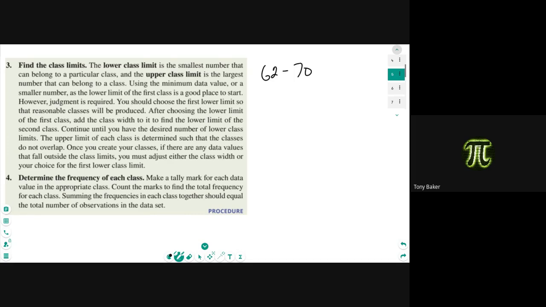So the way I just did this, my class width is 9, not 8. You did exactly what I expected you to do. You did 62 plus 8 and got 70. You actually have to take one away because we're counting the endpoints. So it'd be 62 to 69.